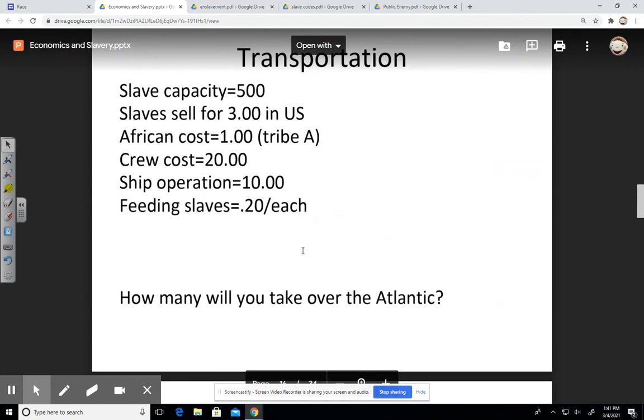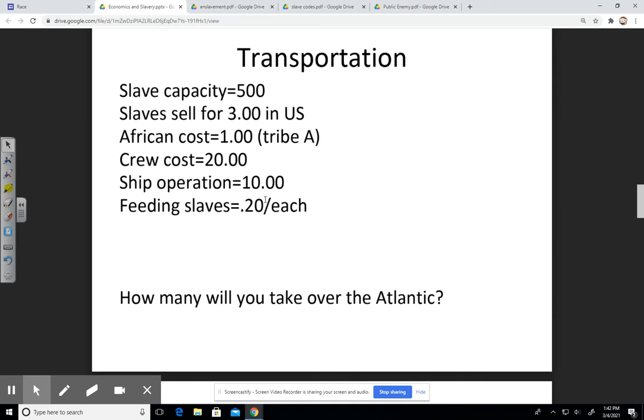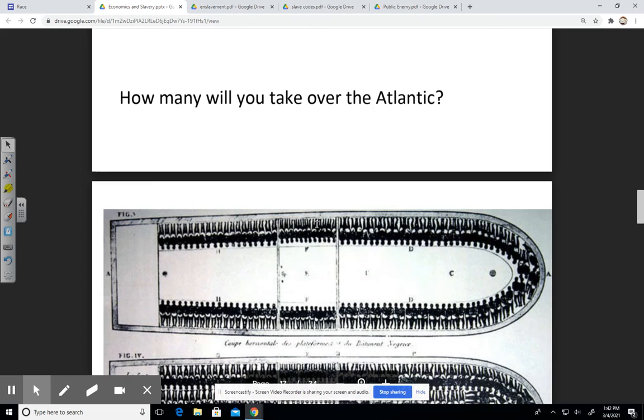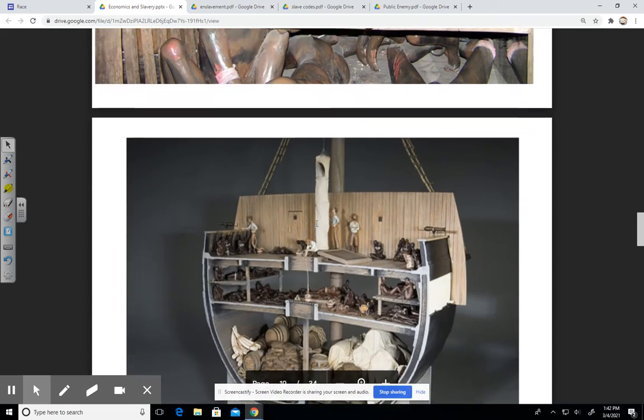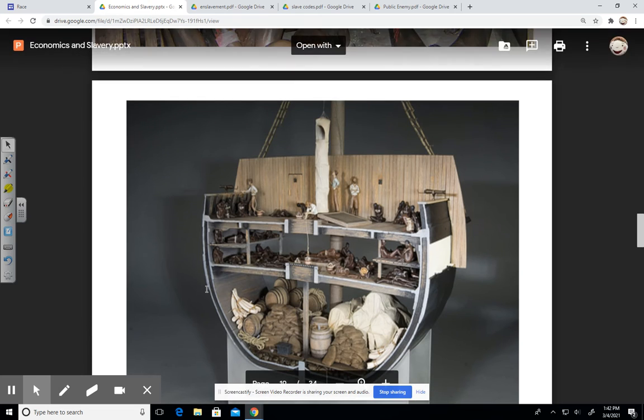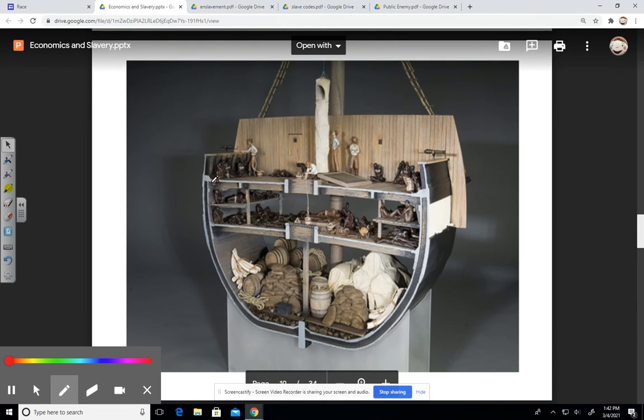So when we look here, the more you take, the more individuals are probably not going to make the journey because of the conditions. And again, we're looking at the math here to come to some understanding about the amount of money involved. Here we see a cross section of a ship, and this is the area that was zoomed in, the top-down version, where you see all of the cargo.